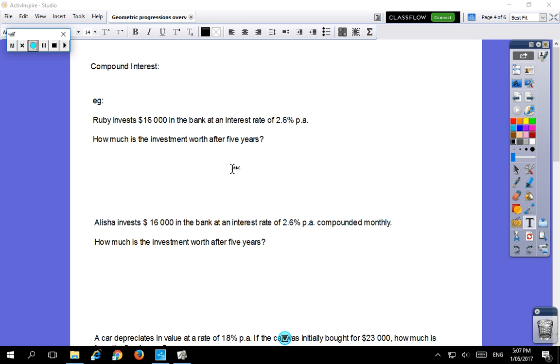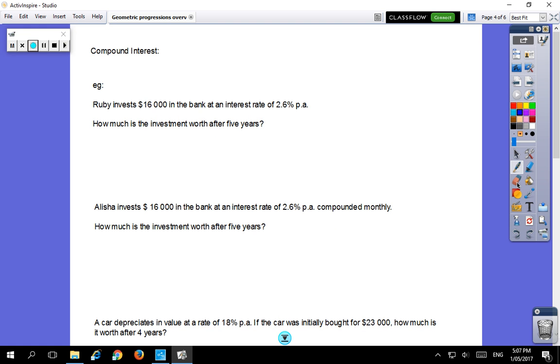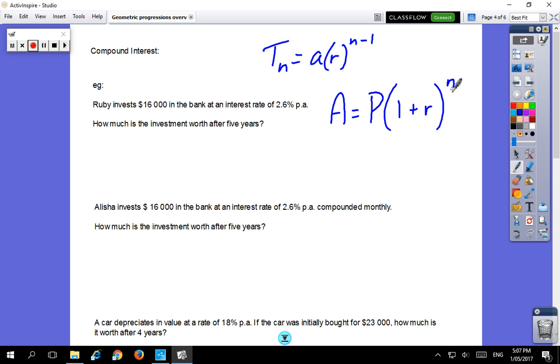Instead of using Tn equals AR to the n minus 1, we use the compound interest formula, which is closely related, but it works by saying A equals P(1 + R)^n, and for depreciation or compound shrinking, we would use A equals P(1 − R)^n. Look, sometimes you'll see these written with slightly different letters.